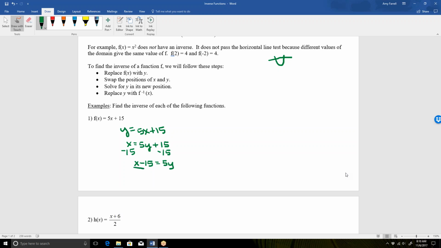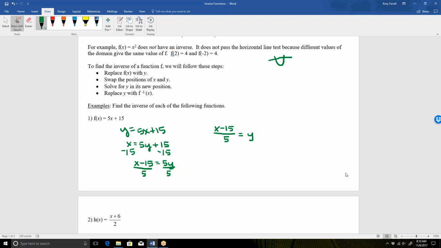Then I'm going to divide both sides of the equation by 5. I'm trying to isolate the y. And so x minus 15 all over 5 is equal to y. Now remember that we cannot reduce here because I can only cancel factors, not terms.